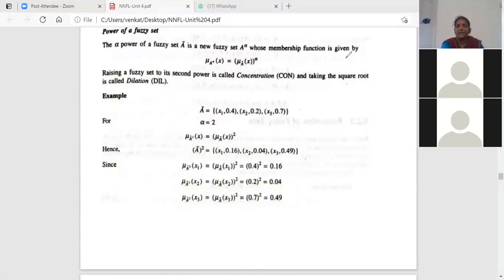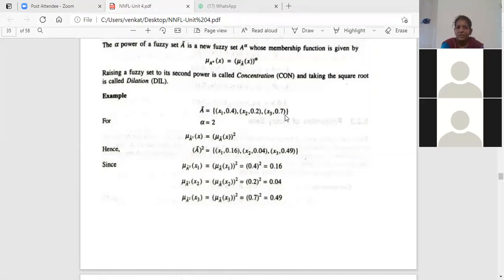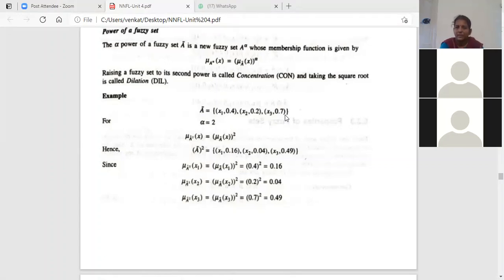So here, in the same example, A is considered: x1 0.4, x2 0.2, x3 0.7, alpha is 2. If you are calculating A square: x1 comma 0.4 square, 0.2 square, 0.7 square.